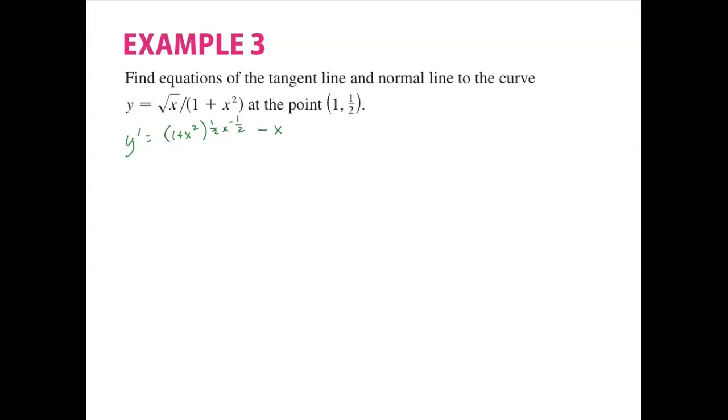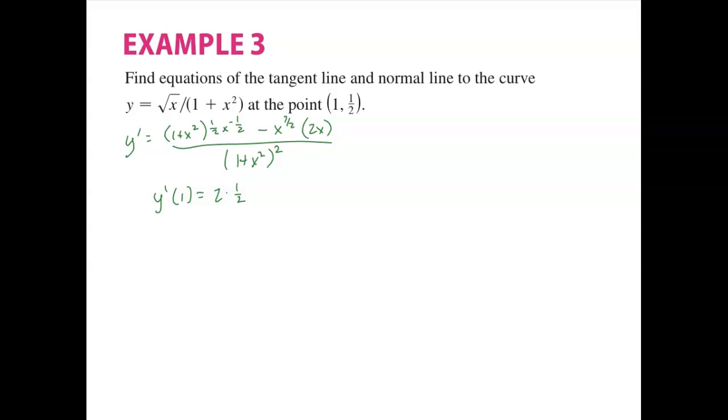Minus. All right, and we said y prime at 1. All right, I'm going to start simplifying from that last step. So that gives me 2 times 1/2. Because 1 to any power is still 1.